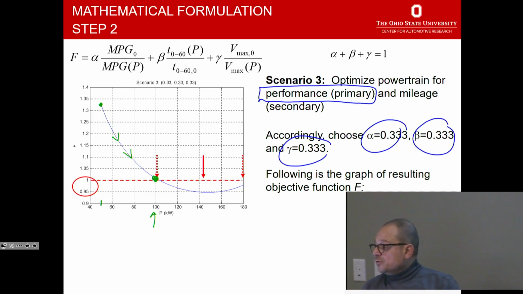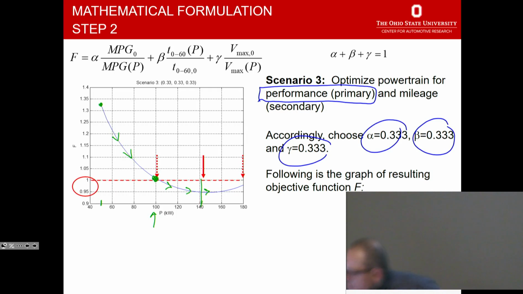But if you keep increasing the engine, your cost function as defined is going to continue decreasing because more power will give you lower acceleration time and higher top speed. So because of the way you built the cost function, if you keep increasing the engine power, you will lose on the fuel economy, but you're clearly going to gain on the performance. And you're giving 2/3 of the weight to the performance.